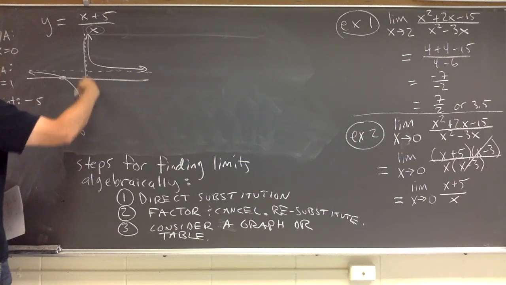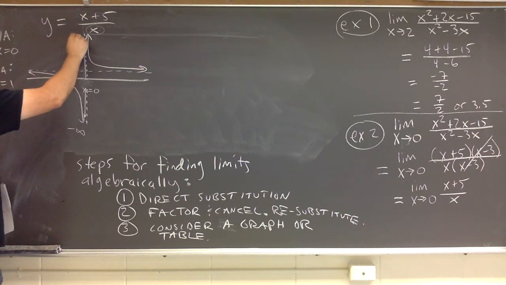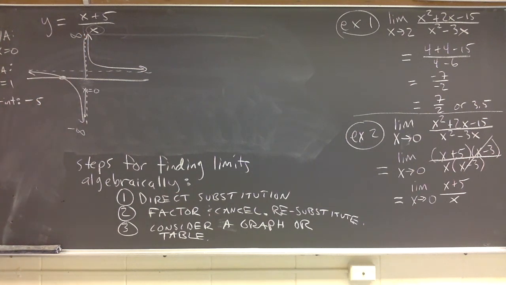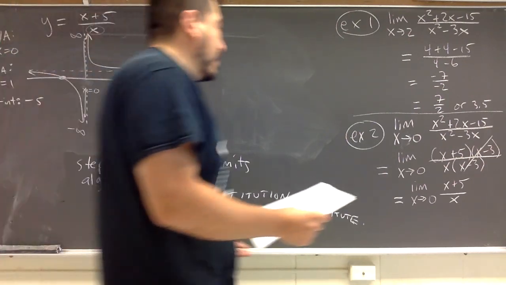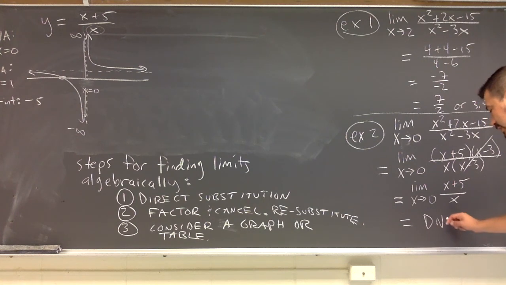If I approach x equals 0 from the right-hand side, it looks like I'm heading up towards positive infinity. And because these go different directions, they're not heading towards the same value, then we're going to say that the limit does not exist.